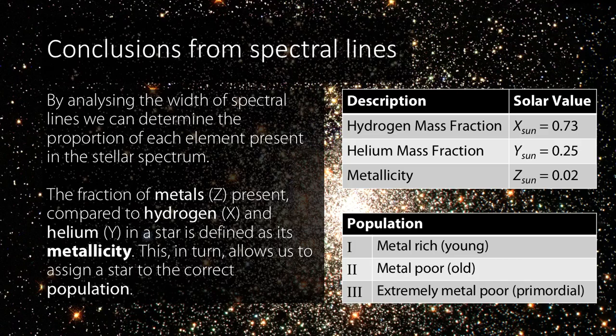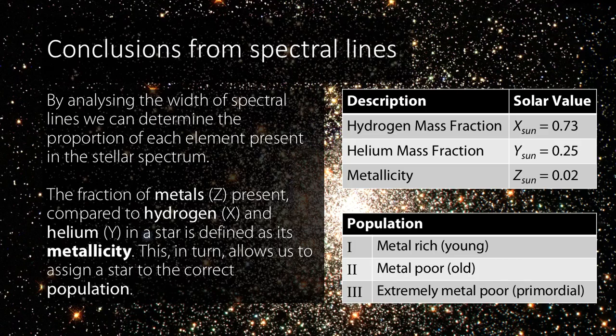So everything else is metals. And the reason for that is that the early universe only created hydrogen and some helium. That was it. Every other element that has ever existed came about through stellar nucleosynthesis and was formed in stars.